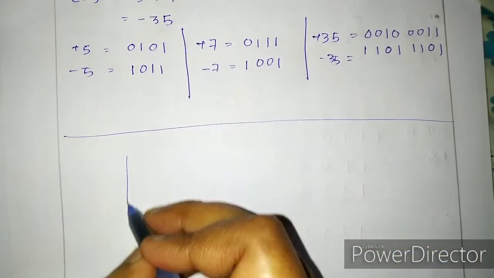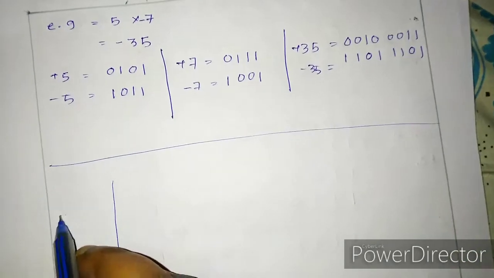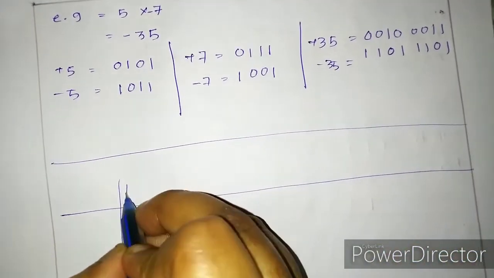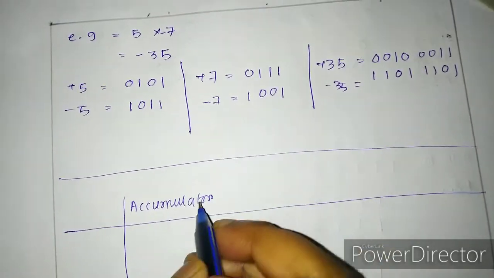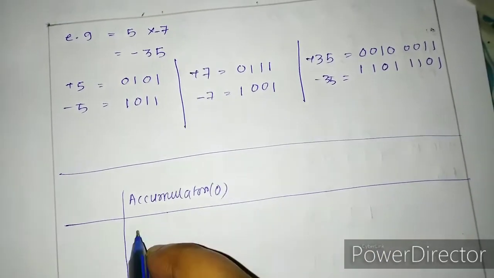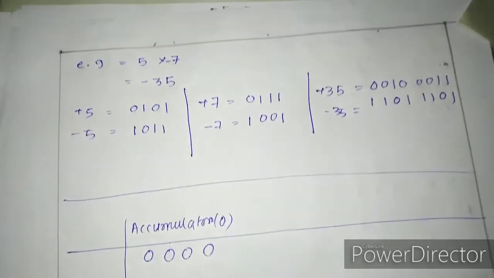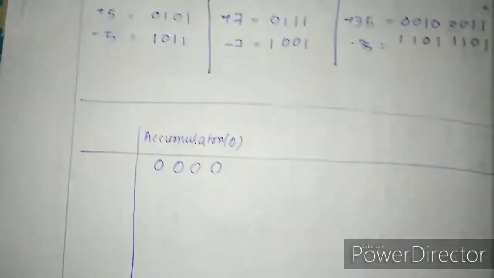First, the accumulator, which is initialized with 0 1 0 0 0, 0 0 0 0, the 4 zeros.